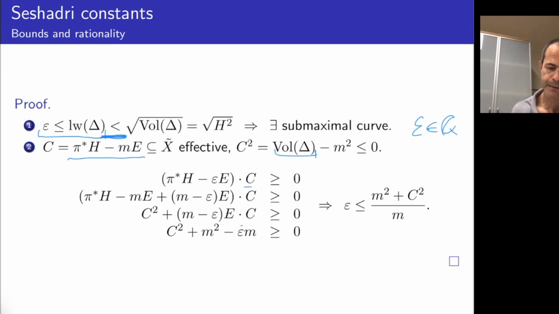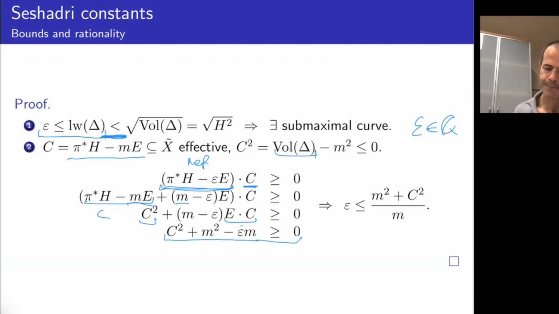Now, since this class is effective, when we take the intersection product with, let me say, the Seshadri class, we have a non-negative intersection product because we know that this is nef. And now we just have to write this product in a different way. So we add and subtract M times C, so that here we get C, and then we get C squared plus this multiple of E times C. E times C is nothing but M, and so the inequality is this one.